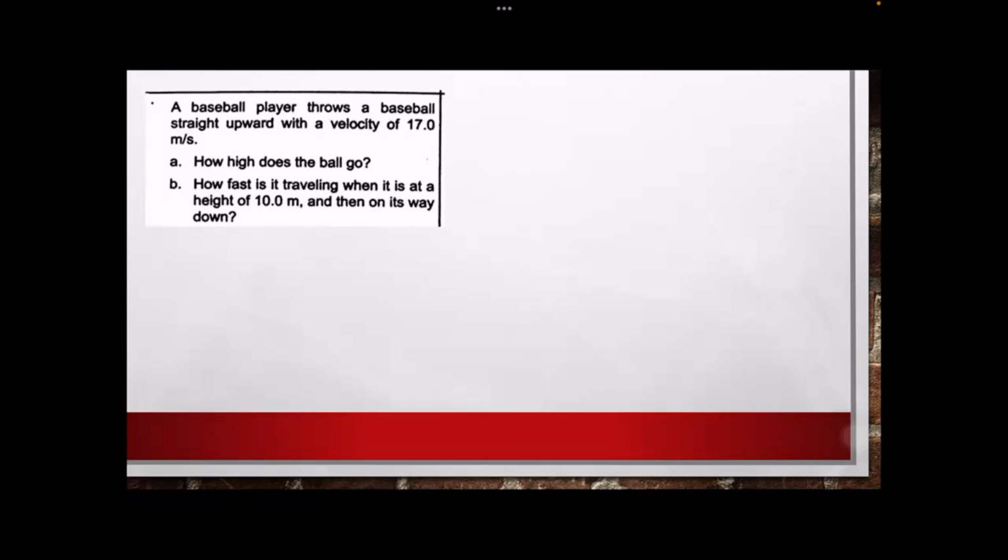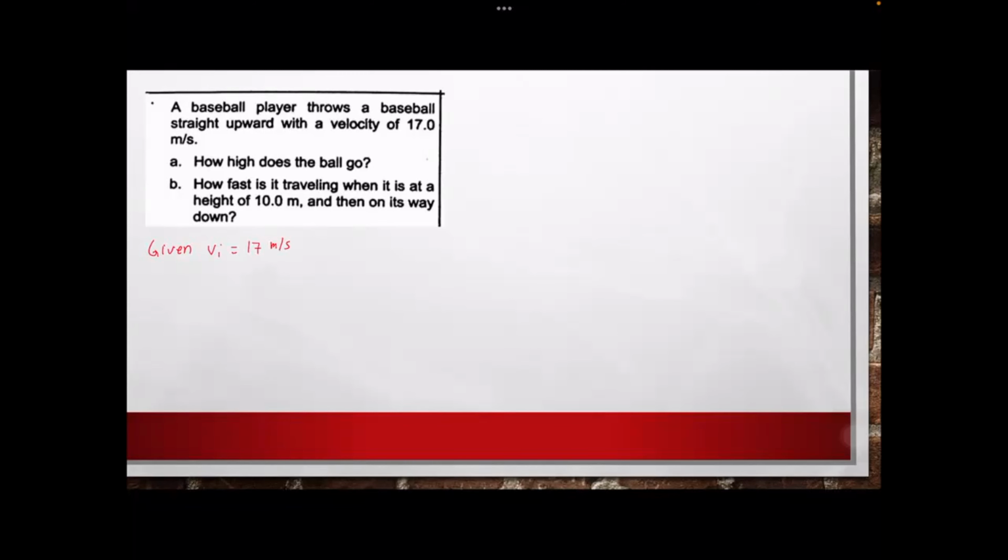Is this initial or is this final? Initial po. Okay, so this is initial. So given natin is the vi, which is 17 meter per second.